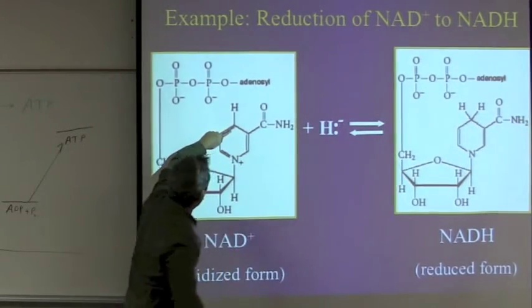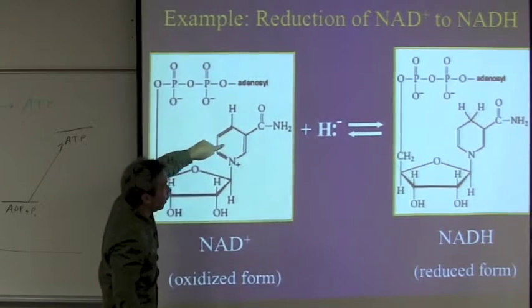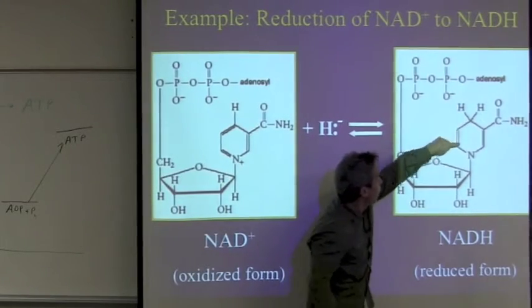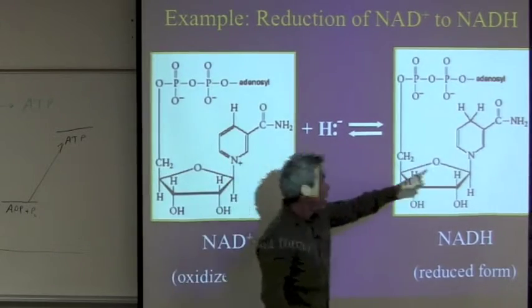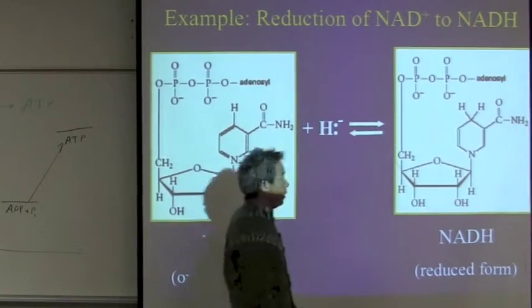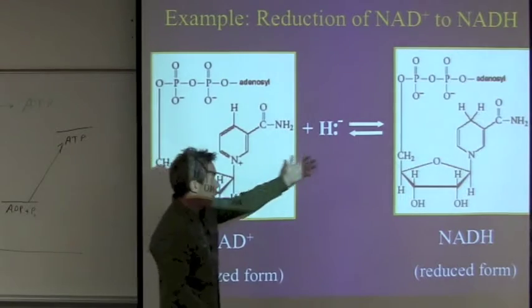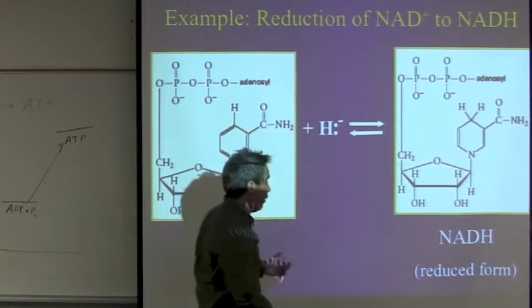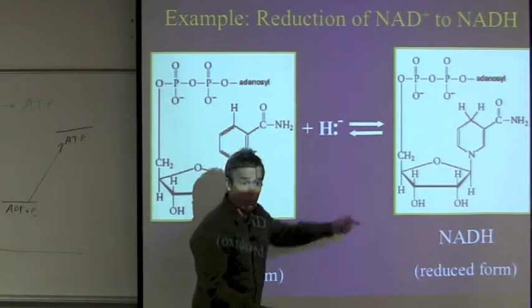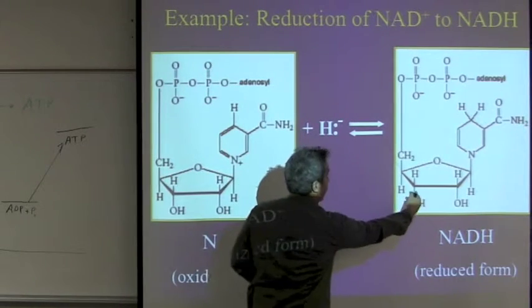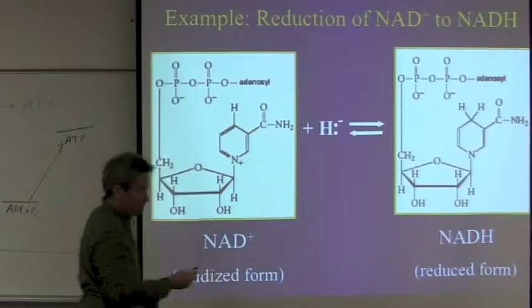When that happens, these 2 electrons move over here and the double bond goes to here. When that happens, these 2 electrons move on to the nitrogen and exist as a lone pair on the nitrogen. And notice the arrows go both ways. If we want to drive an oxidation, we need to do a reduction. We want to drive a reduction, we need to do an oxidation, we go this way.